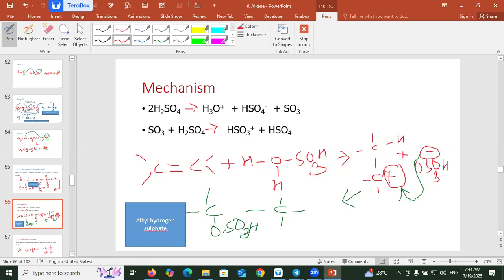This sulfonic part is added to the carbon and produces alkyl hydrogen sulfate. Okay, this SO3 attacks this carbon.